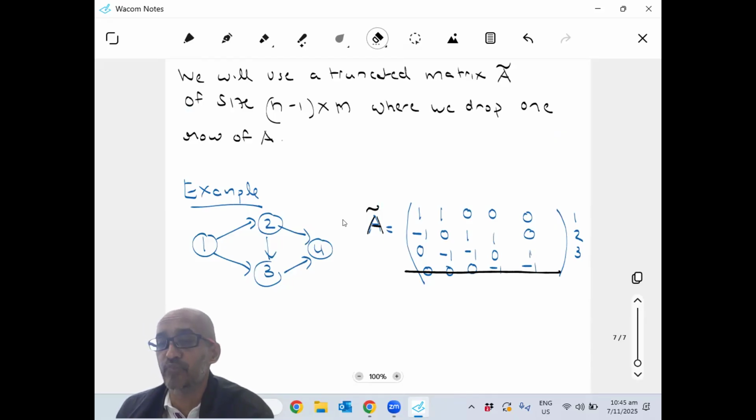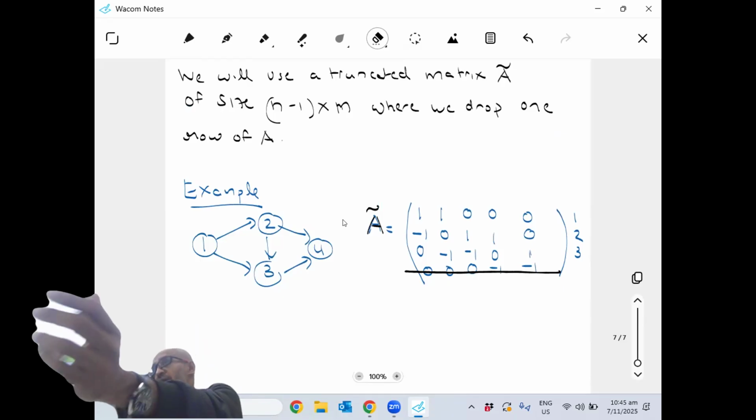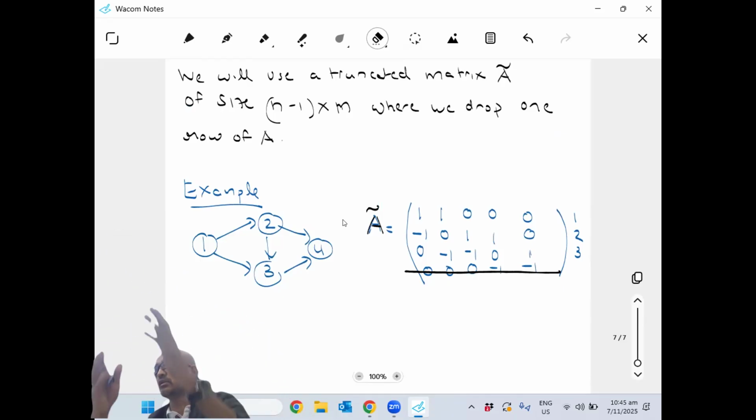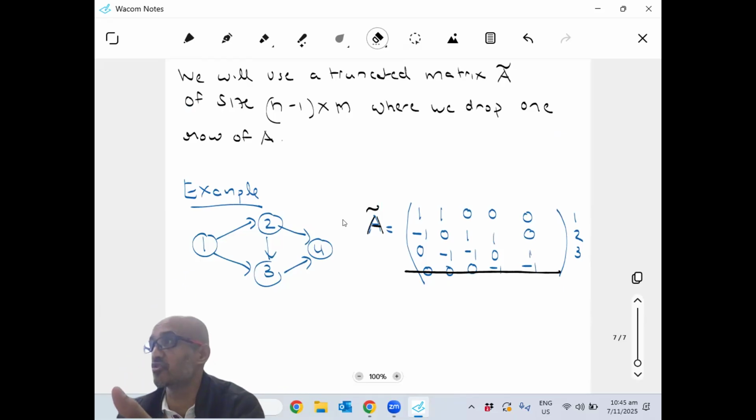If it's full rank, which means the rows are linearly independent, I should be able to find 3 linearly independent vectors in this. So, remembering that row rank and column rank are the same, if you look at the columns, for example, take 0, 0, 1.